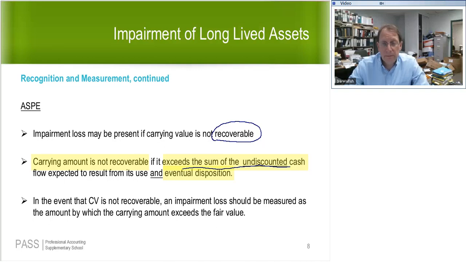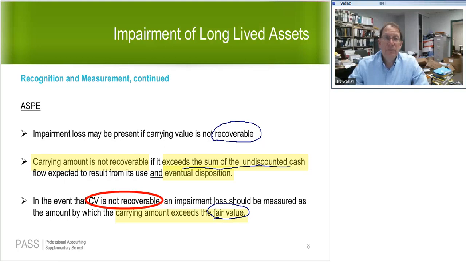Fine. But now look at this magic trick. If it's not recoverable, the carrying value is lower, then we have an impairment loss, but guess what? You don't write it down to that number we just figured out. You write it down to the fair value. Does everybody get what I just did?